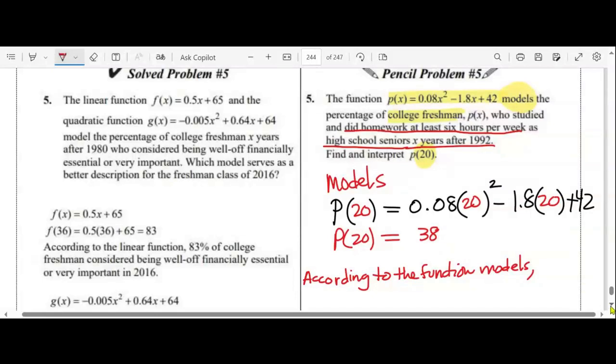So how can we interpret this? What would we say for 38?